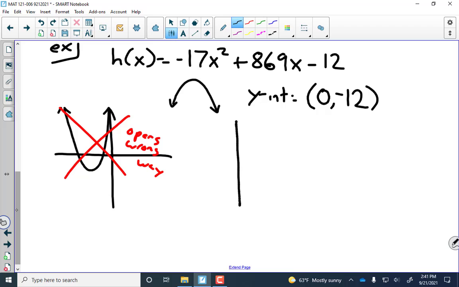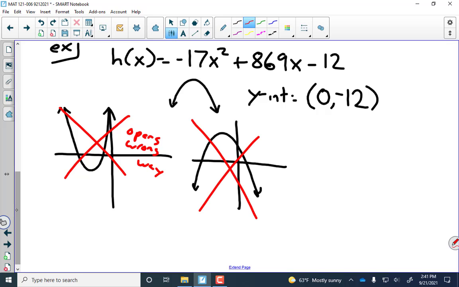How about this one? Could that be the right one? Why can I do that? The y-intercept. The y-intercept is right here. This one right here has a positive y-intercept. Where's my y-intercept? 0, negative 12.